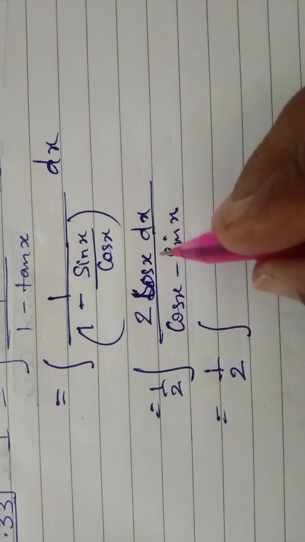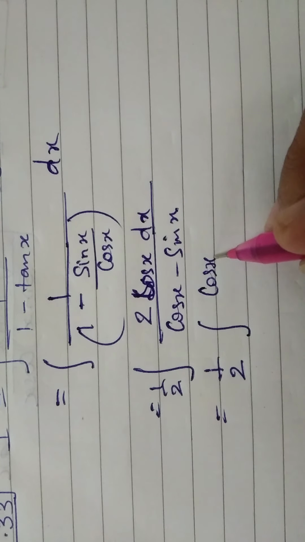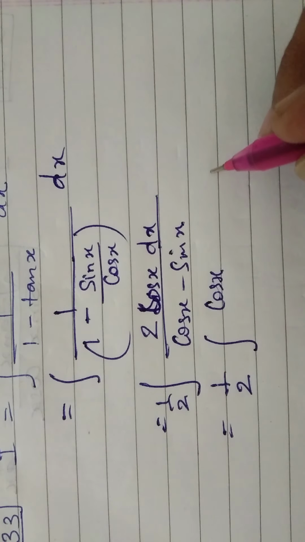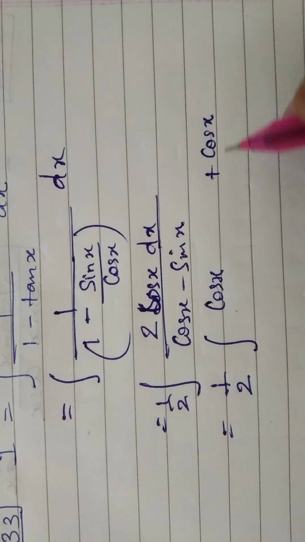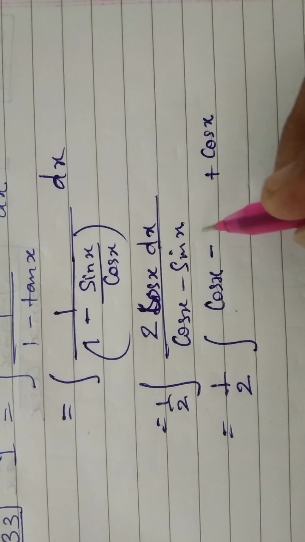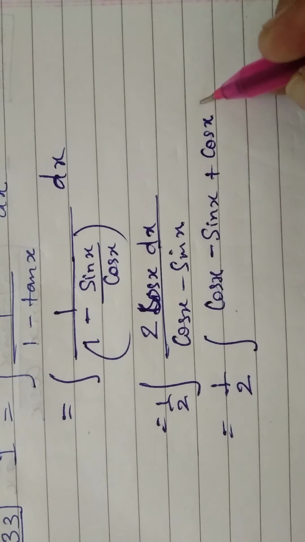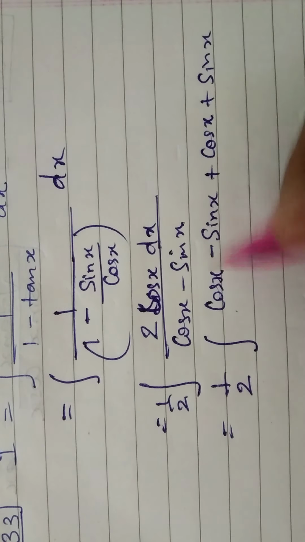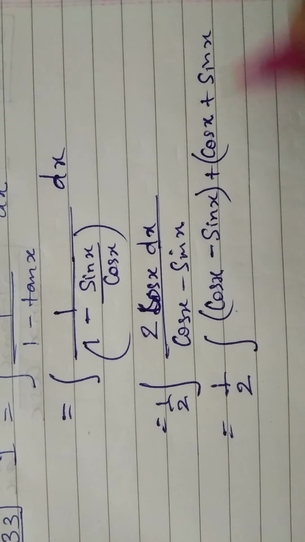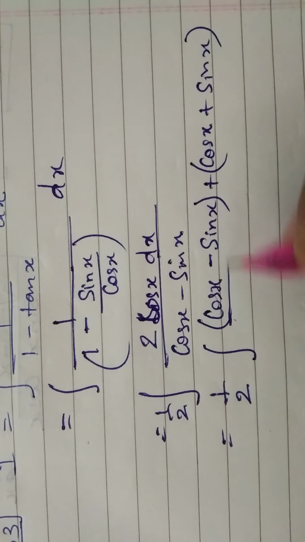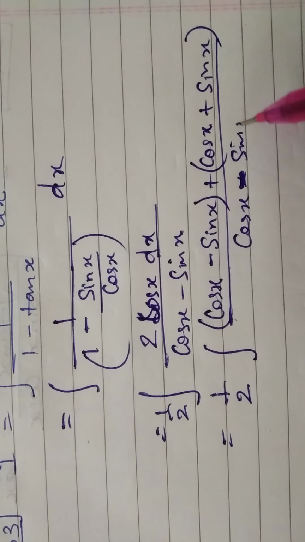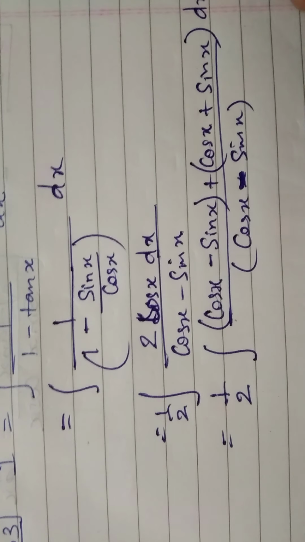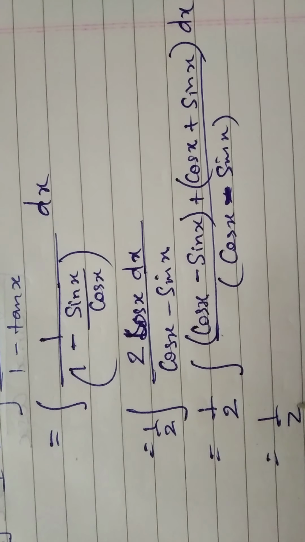Integral, this 2 cos x, I will write it as cos x plus cos x. Now I subtract sin x and I add sin x, and like the previous term I convert the term into 2 different brackets, cos x and minus sin x into dx. Now that is 1/2.